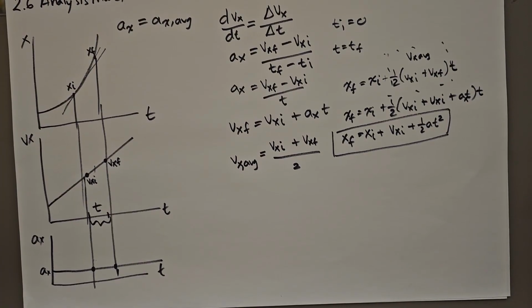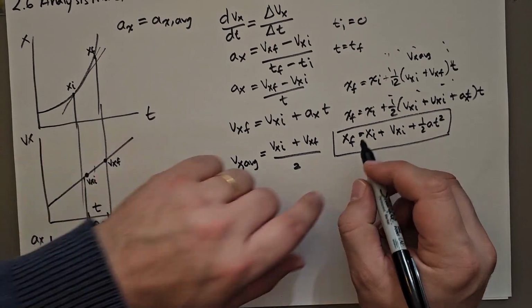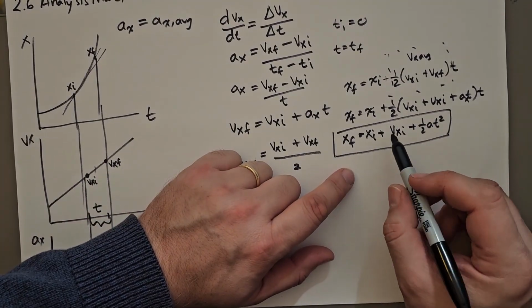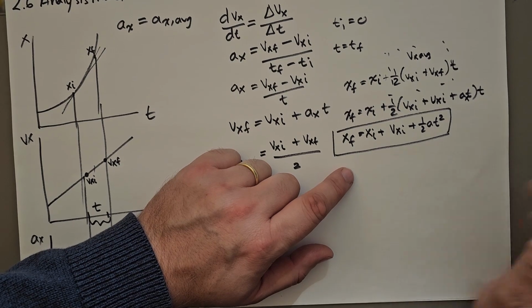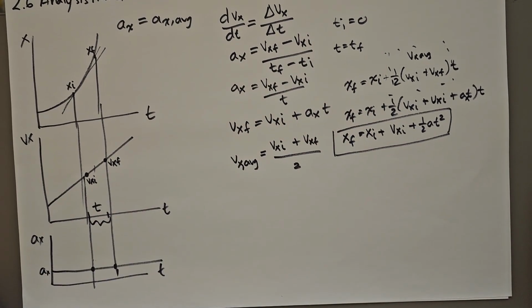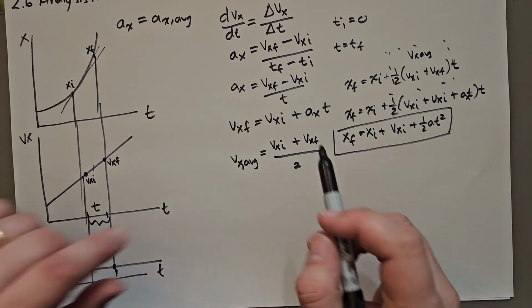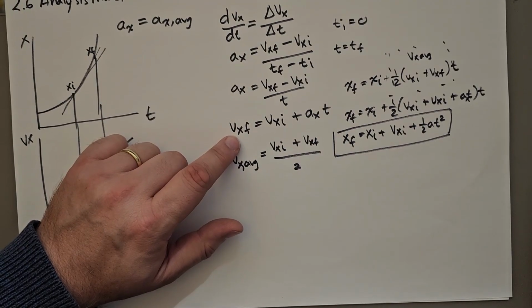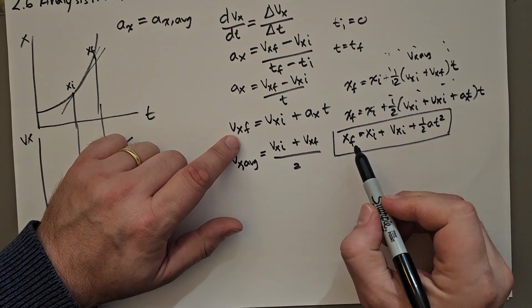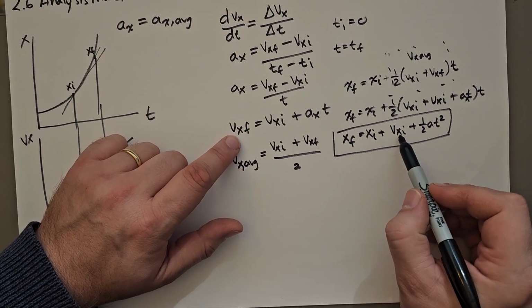So we're going to say the final position is equal to all of this. How do they do this? They take equation 2.13 and plug it into 2.15. So we start with 2.13, which is this equation here, and then they plug it into 2.15, which is the final position equal to the initial plus that.